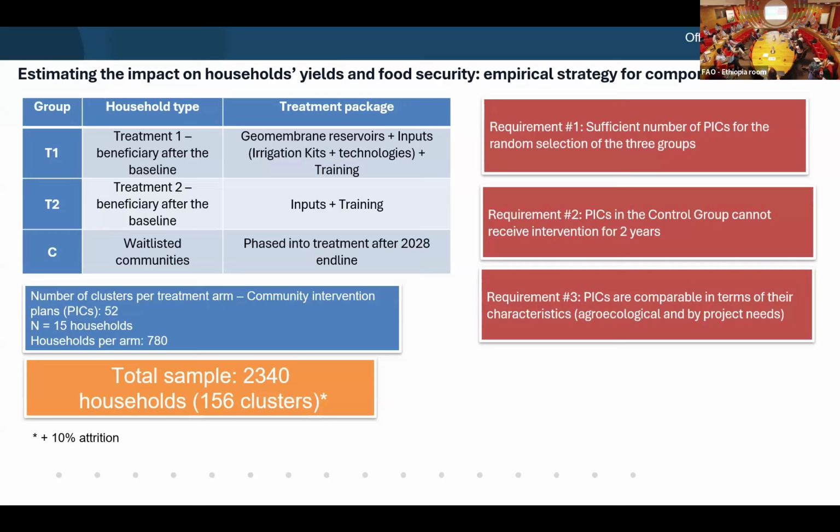Now, what we are planning to do after the randomization is conducted, we will have analysis at the household level for the socioeconomic data that we have discussed before. So integrating the socioeconomic data with the Earth observation. How does Earth observation fit into this discussion?